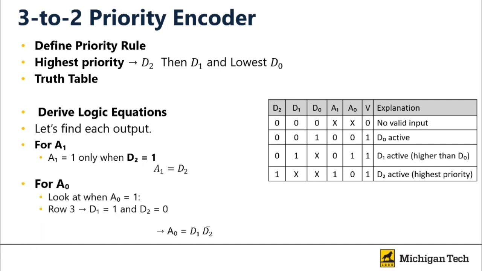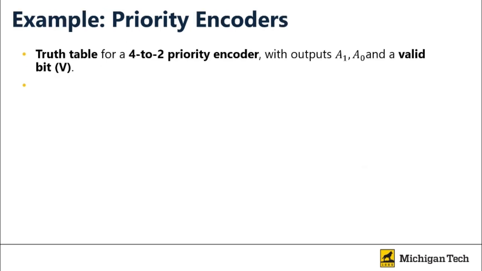When A0 is 1, in this row, D1 needs to be 1 and D2 needs to be 0. I didn't write it for V, but V is also D0 plus D1 plus D2.